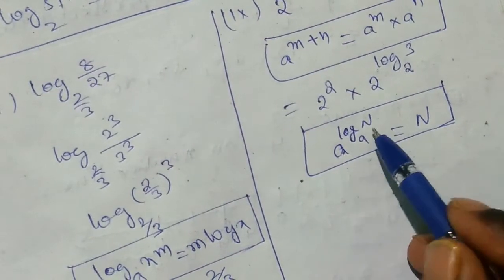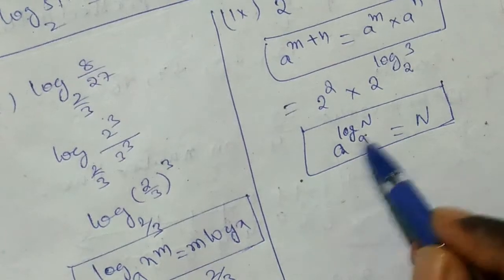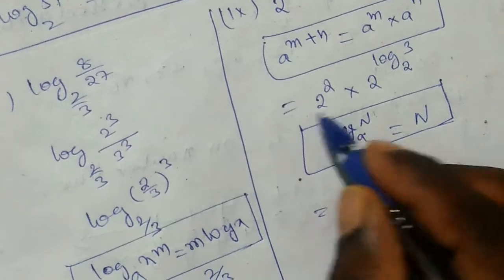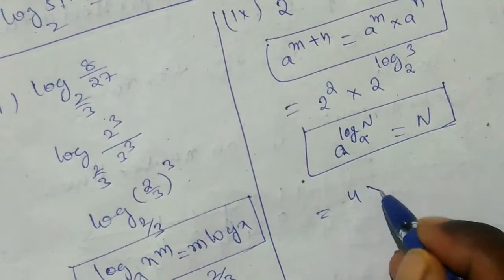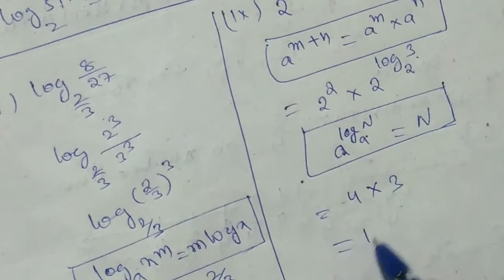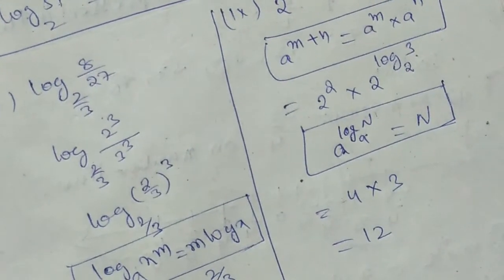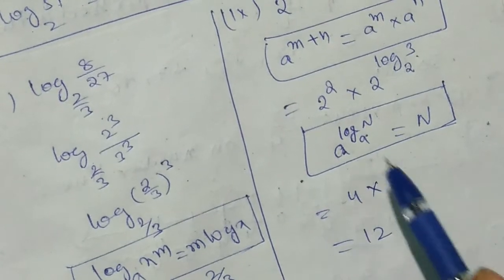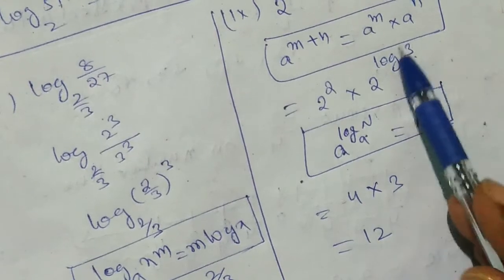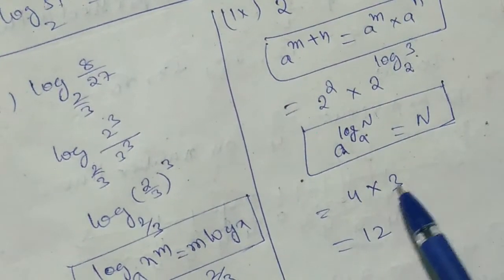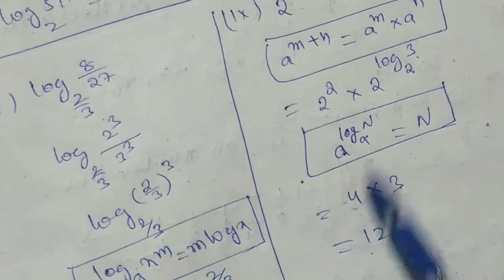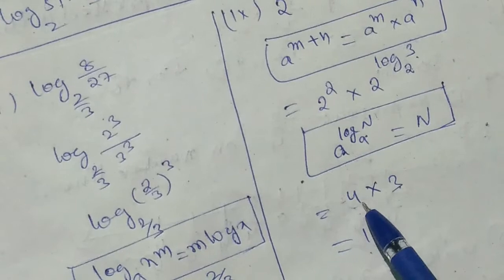Here the two bases are the same, so you have to write n. So 2 square means 4, into 3, equals 12. 4 threes are 12. I applied this formula: here we have 2, here also 2, so 3 is the answer. 3 fours are 12. Why? Because 2 square means 4.